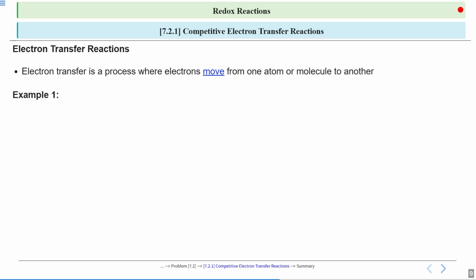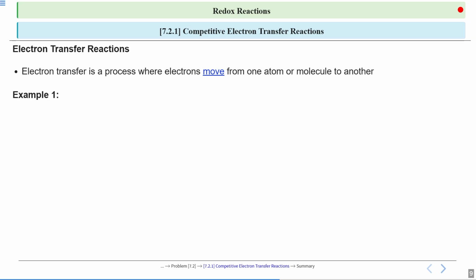Now, to understand how this electron transfer process happens, we will consider 3 examples, which I will tell you one by one.